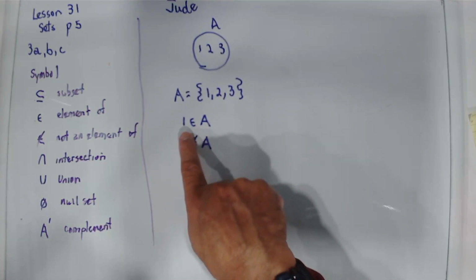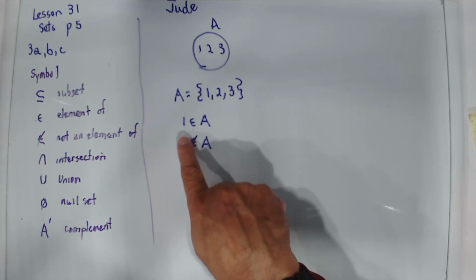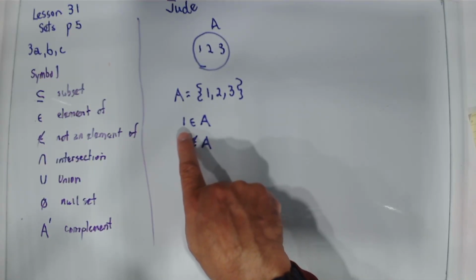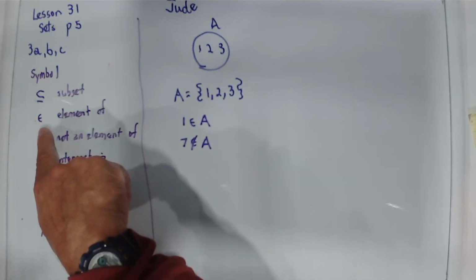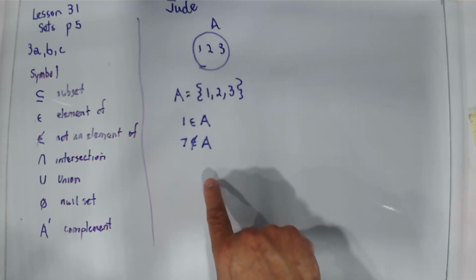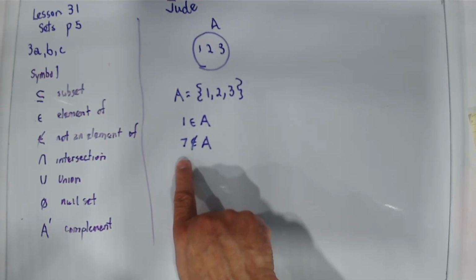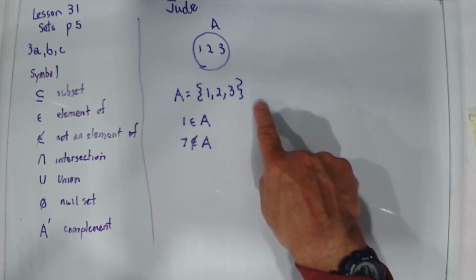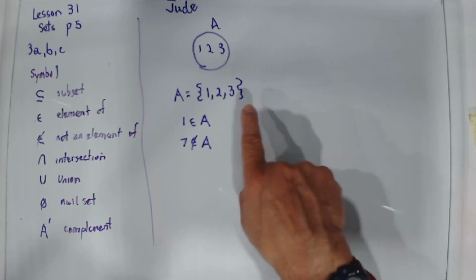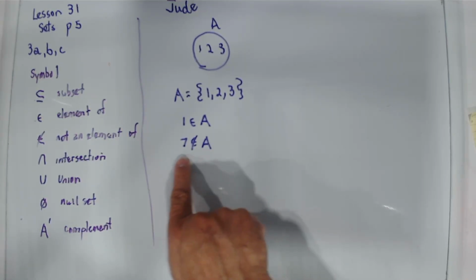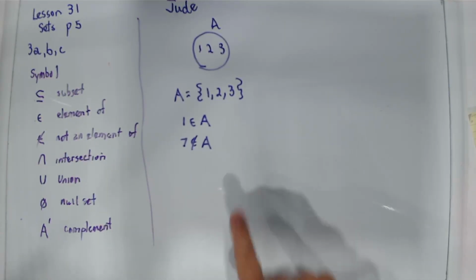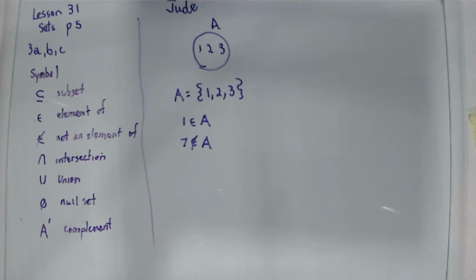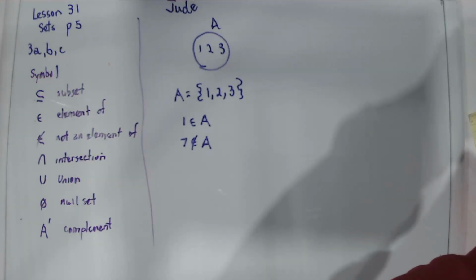And all I'm doing here is using that same nomenclature to tell you what is part of A. Like 1 is an element of A because 1 is in A. And that's a symbol that we use there, that funny looking E. Now if I said 7, is 7 in this list? No, it's not. So I can say 7 is not an element of A using that symbol. Okay, so that's the basics of that part of the nomenclature.